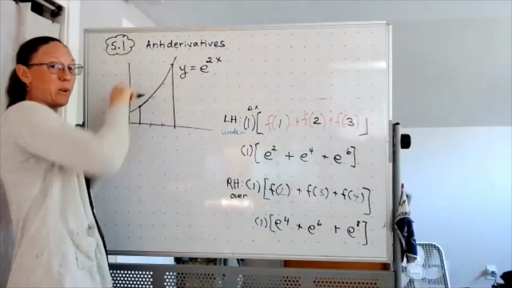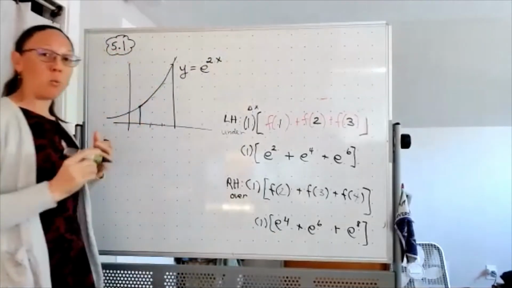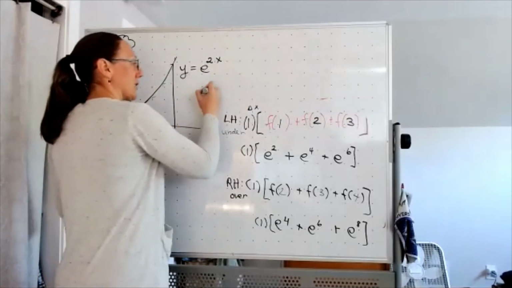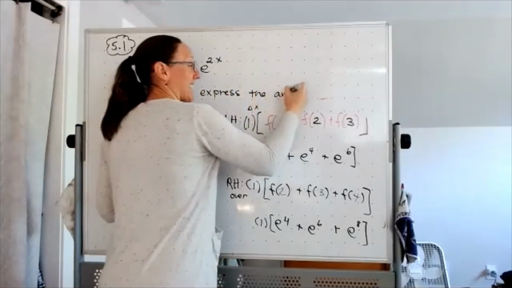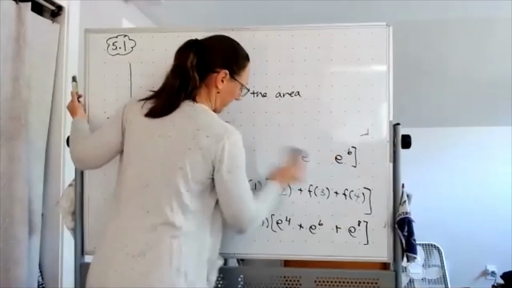So 5.1 is not antiderivatives, sorry, but 5.1 style, if I want to find the actual area, I'm going to express the area as the limit of a Riemann sum. I'm going to erase these.